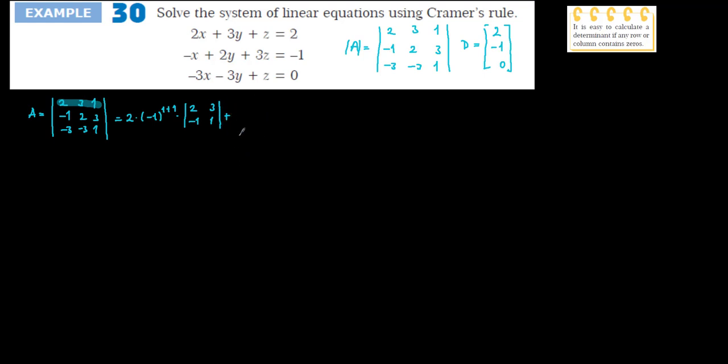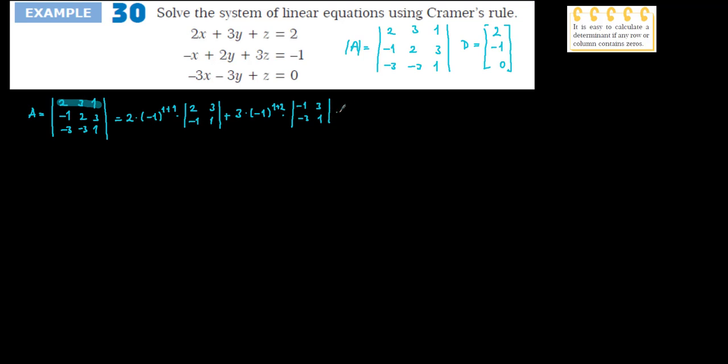The second part is plus 3 times minus 1 to the power of 1 plus 2 times the minor for the first row and second column. When you close them, the entries are minus 1, 3, and minus 3, and 1.